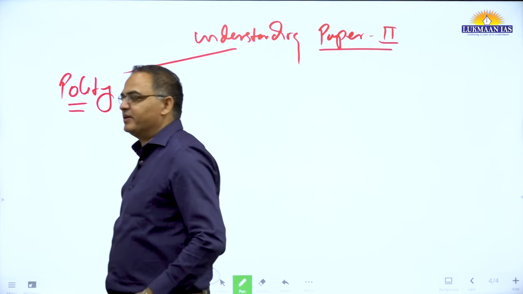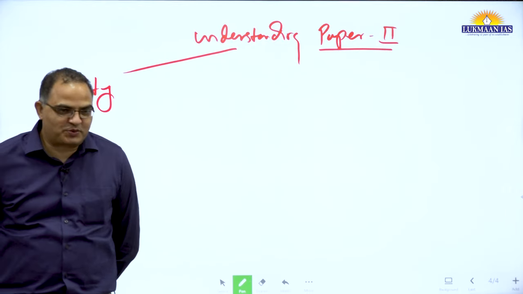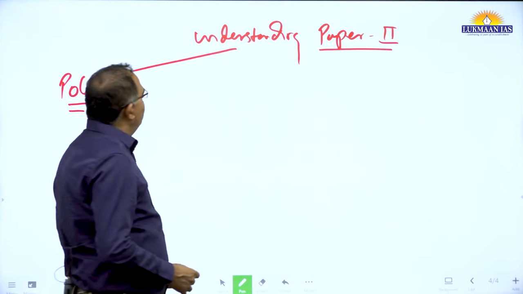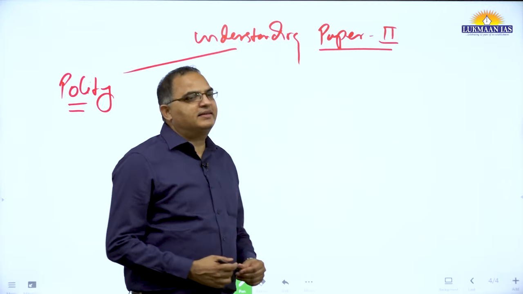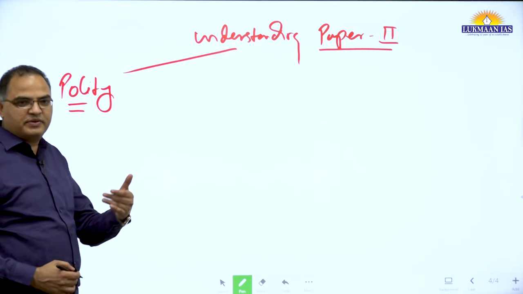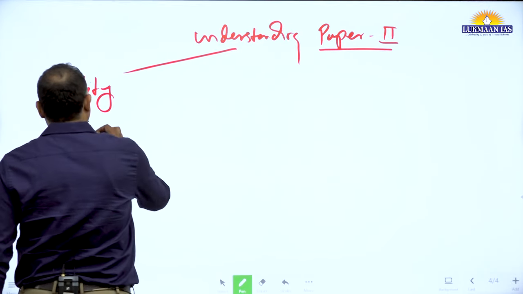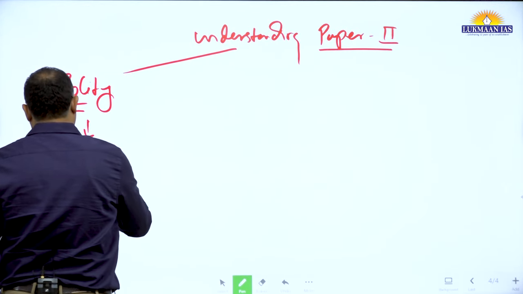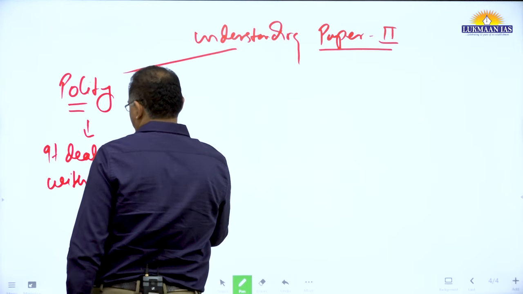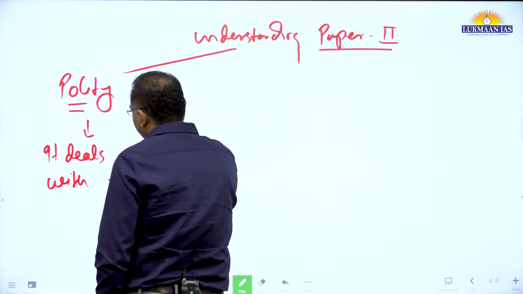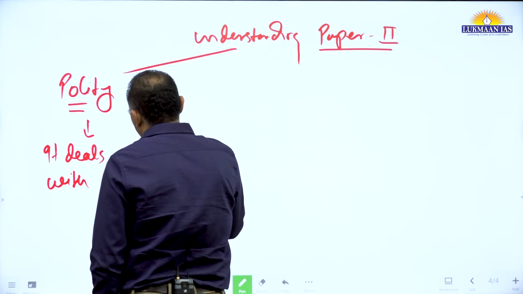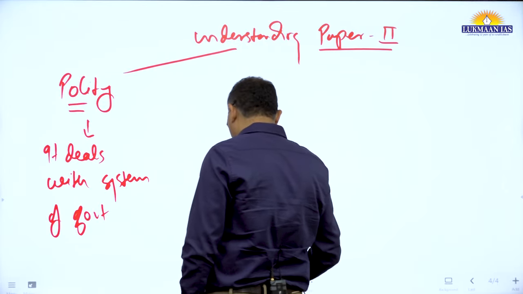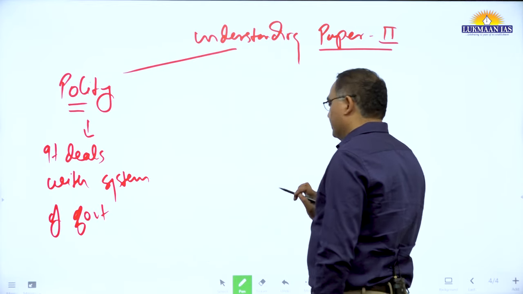This is how people are doing. People follow these handwritten notes. Yes, in the market you can see that, isn't it? Anyhow, polity, as we say, deals with the system of government.